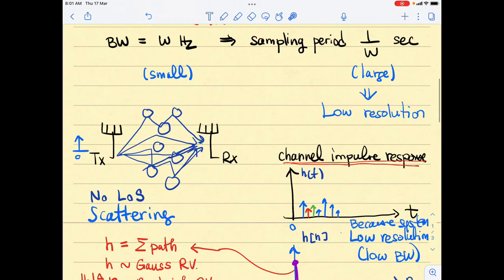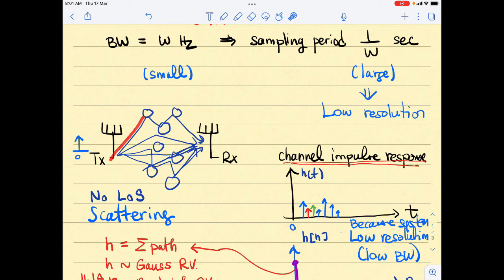So if we look at a wireless channel, we have a transmitter, we have a receiver, and let's assume that there are a lot of objects which are going to scatter the signal between the transmitter and the receiver. Okay, and there's no line of sight path, so there's no direct path from the transmitter to the receiver. So if we are sending a test signal through the transmitter, the test signal here is an impulse at time 0.